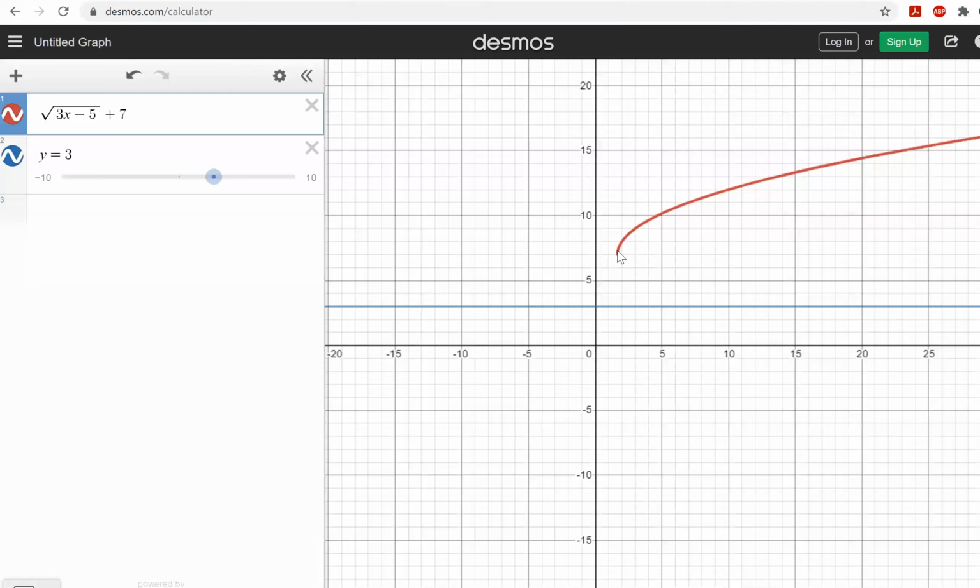This is what I was saying about our domain being limited, so we just need to be careful of any extra solutions. So with that, we can see they never intersect, and that would confirm that there really is no solution between the two.